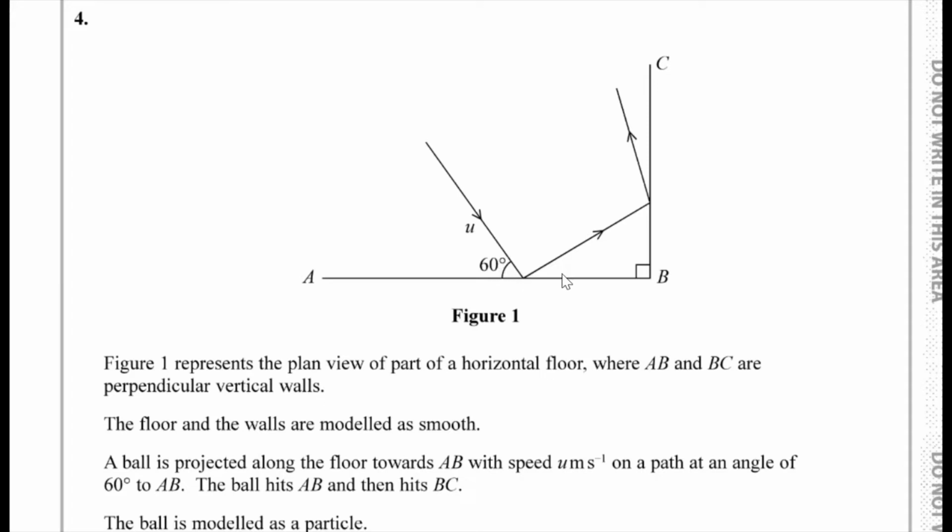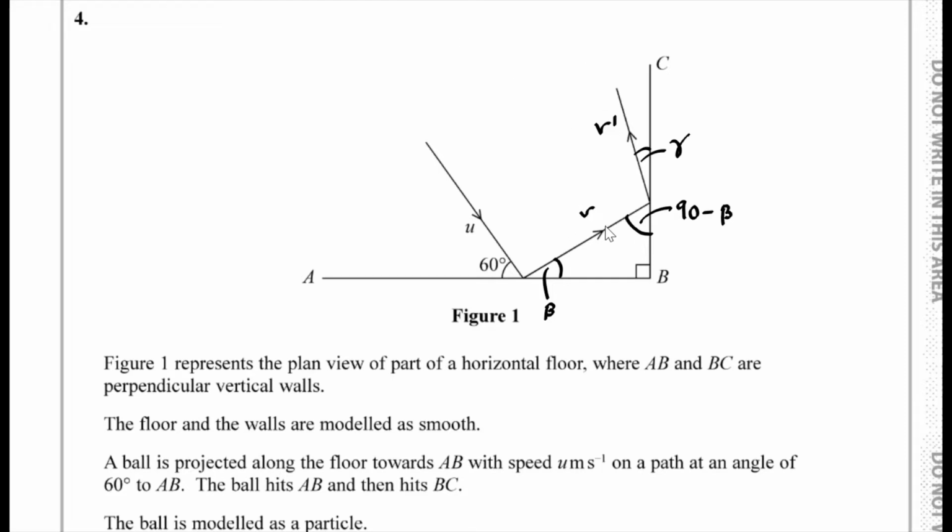If this angle is 60, this angle we can call beta, and this angle over here we can call 90 minus beta, and this angle over here we can call gamma. Okay, and we can call this speed over here v and this speed over here v dash, and you've also got the impulses as well.